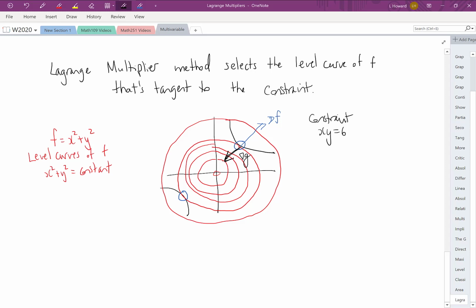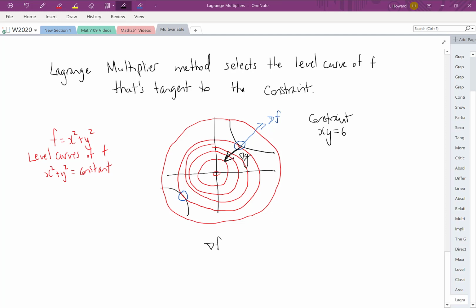They may be facing the same direction, they may be facing opposite directions, but the point is that at the point of tangency, the point we're interested in finding the solution to, those gradients will be parallel. And mathematically, when you have two vectors that are parallel, they're multiples of one another.